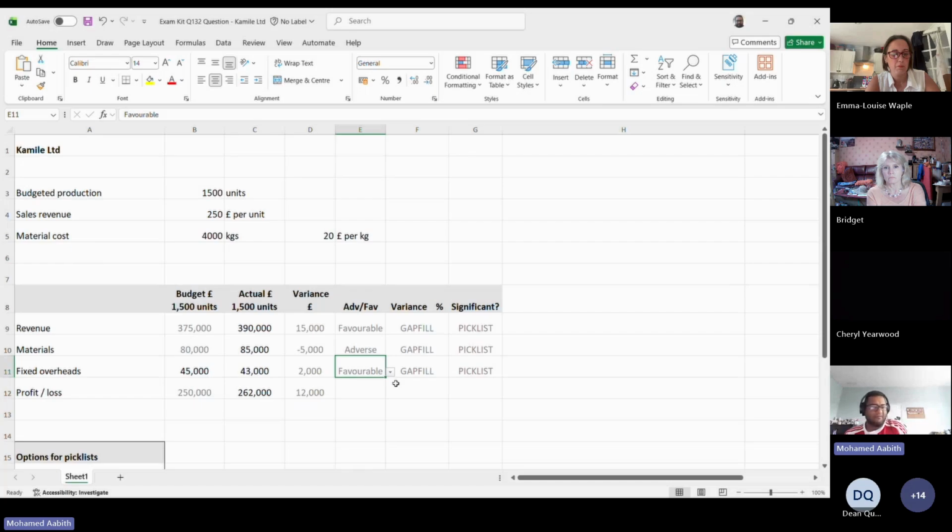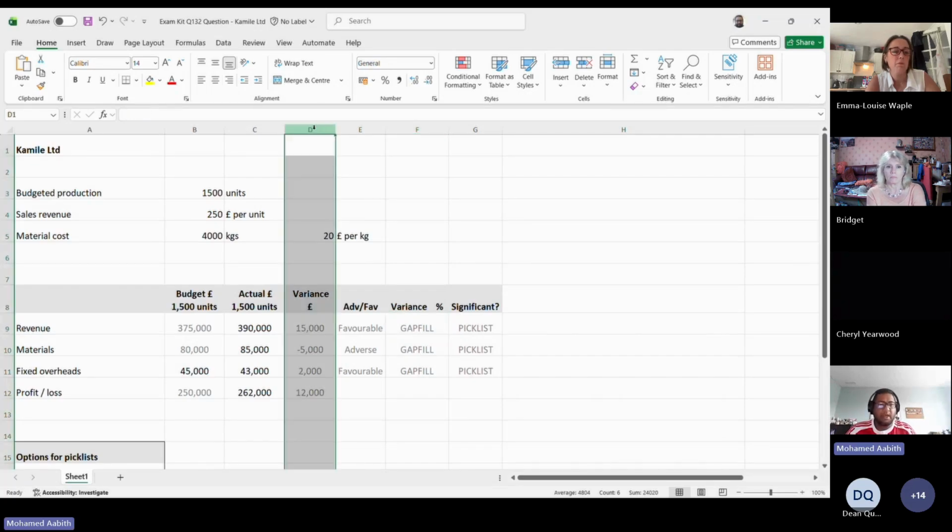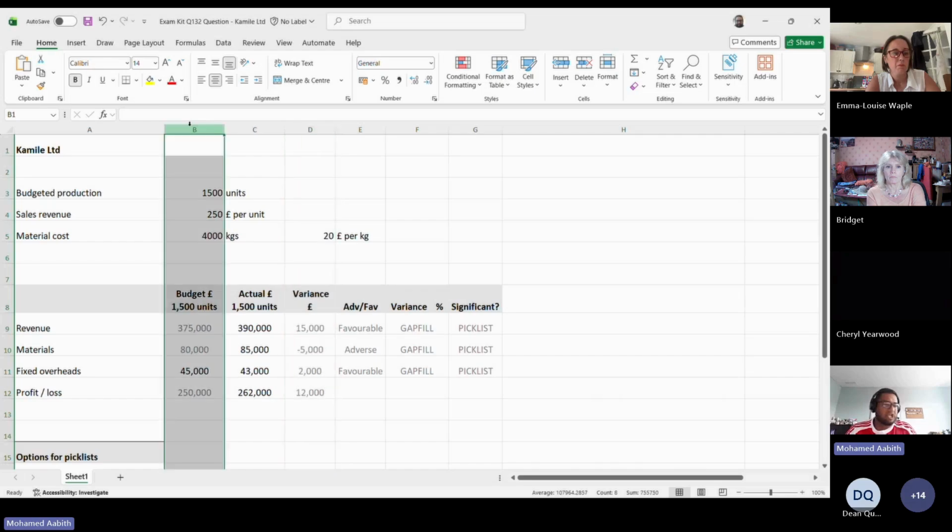But what we also now have to do is to find the variance percentage. What is the variance percentage they're talking about? It's calculated by dividing the variance figure, which you have achieved in the D column, by the budgeted column here. So how would I do it?